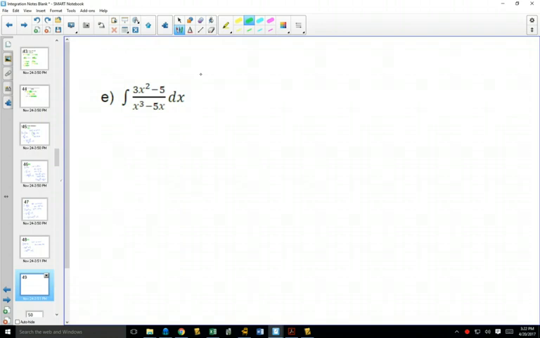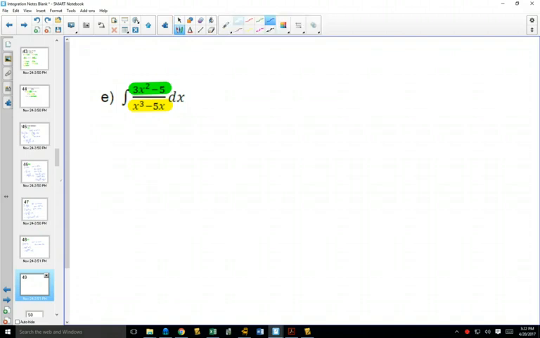So in that case, just looking at it though, what this function does have is it's really easy to see that one is the derivative of the other one. So I can see that 3x squared is the derivative of x cubed minus 5x. So maybe that's going to give me a hint of what I need to do, because I don't really see an inside function so much here.